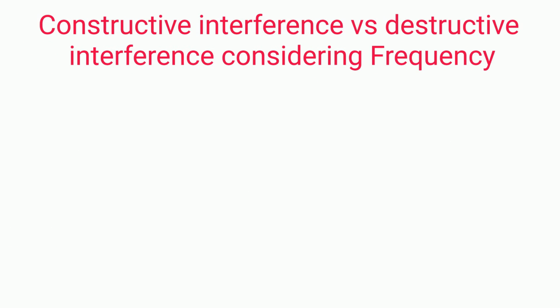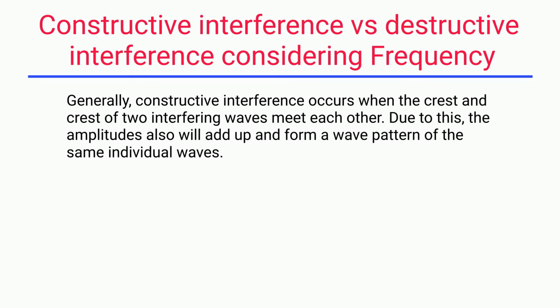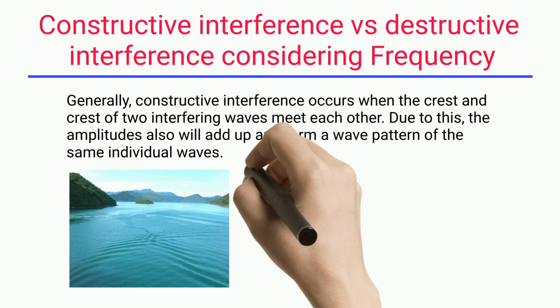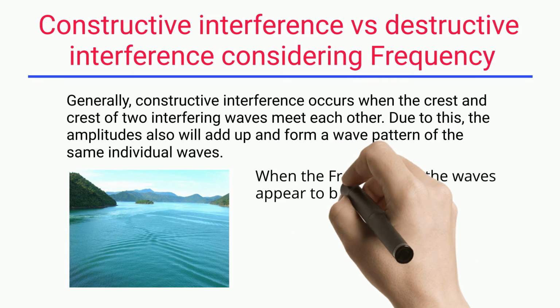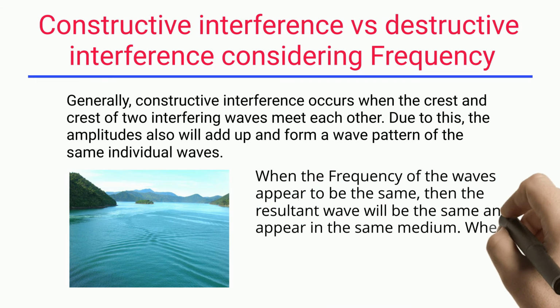Constructive interference versus destructive interference, considering frequency. Generally, constructive interference occurs when the crest and crest of two interfering waves meet each other. Due to this, the amplitudes also will add up and form a wave pattern of the same individual waves. When the frequency of the waves appears to be the same, then the resultant wave will be the same and appear in the same medium.